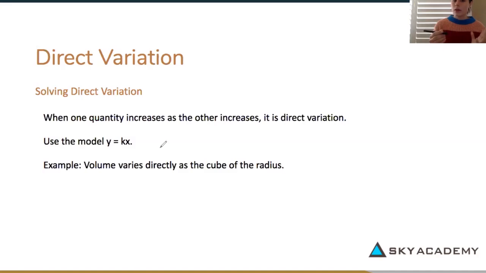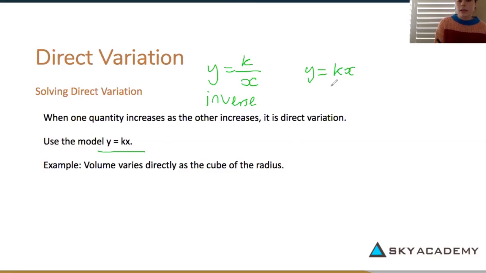In our previous video, number 7, we looked at inverse variation, and that is in the form y equals k on x. Direct variation is a little different. It uses the model y equals kx, so it's directly related.